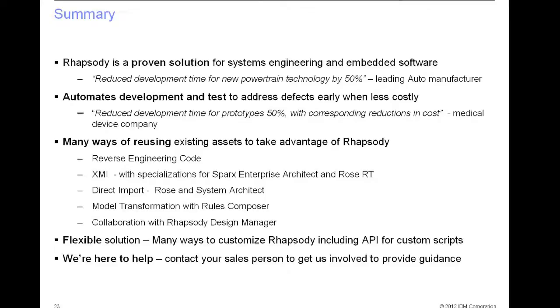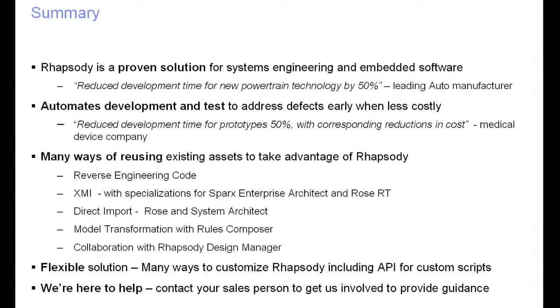So basically, I'm at the end of my materials here. I just want to summarize. Why people are moving to Rhapsody is that it's been a proven solution. It's been used in the development of a lot of embedded systems and systems engineering, even for things that are safety critical in nature.